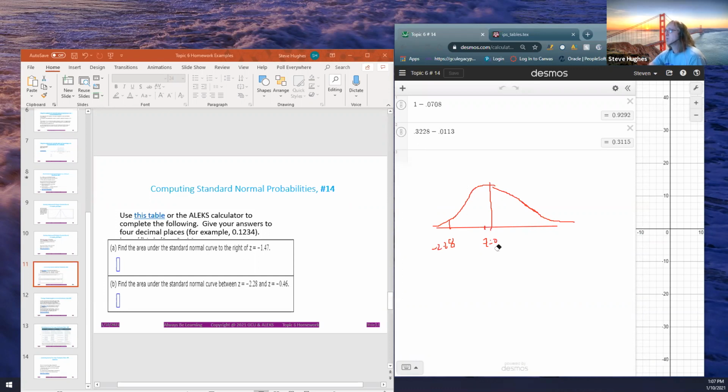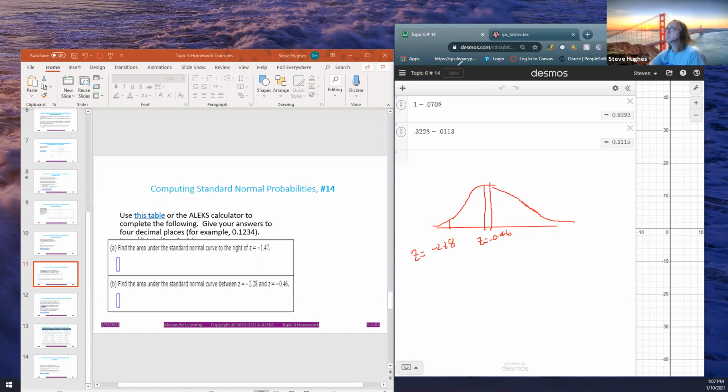I'm going to get rid of this. We all know that already. Okay, so this little guy right here is z equals negative 0.46 and z equals negative 2.28. I need to find the area between those two, okay?